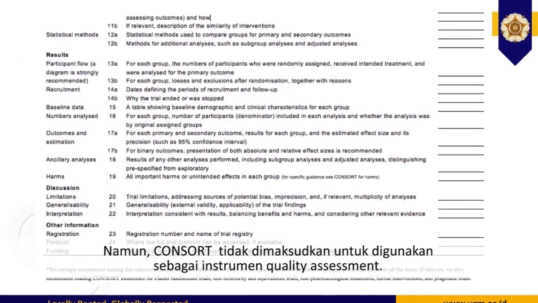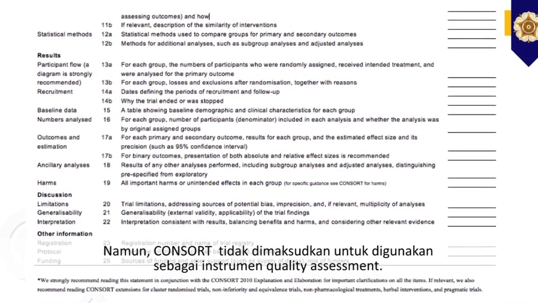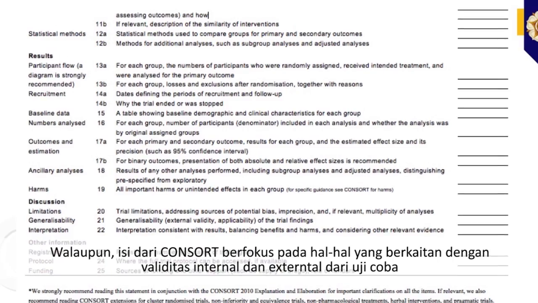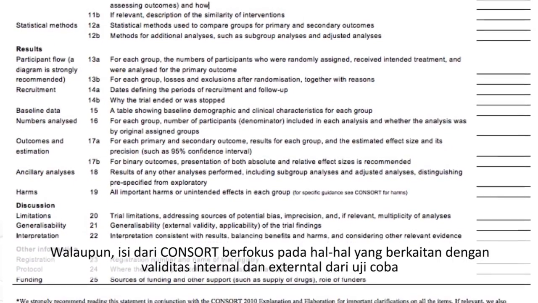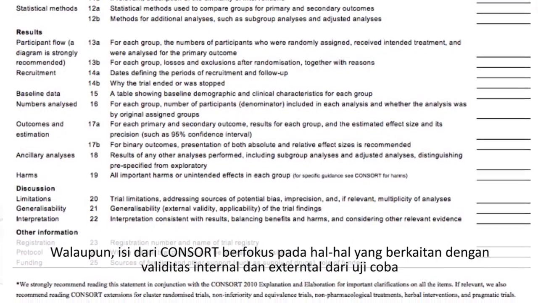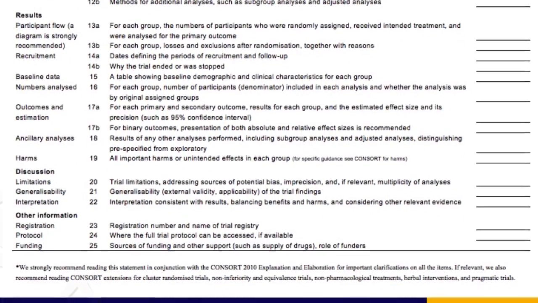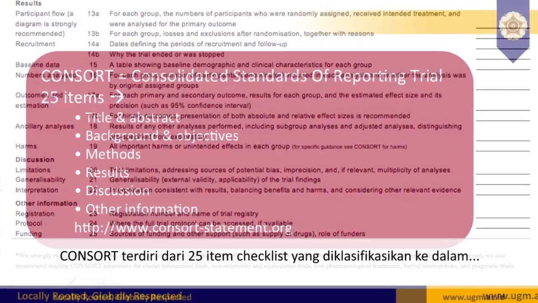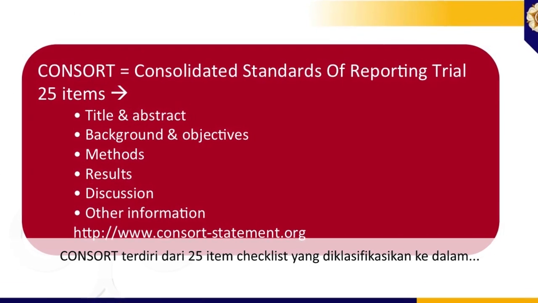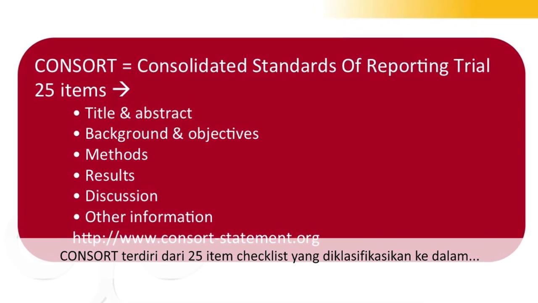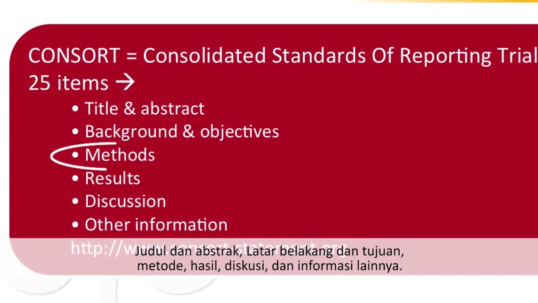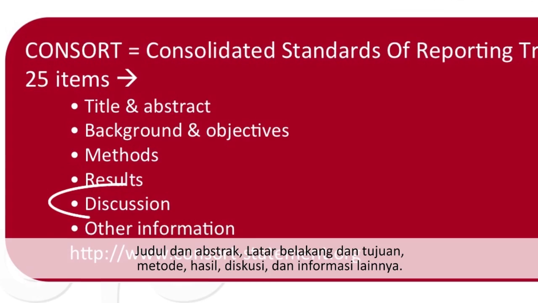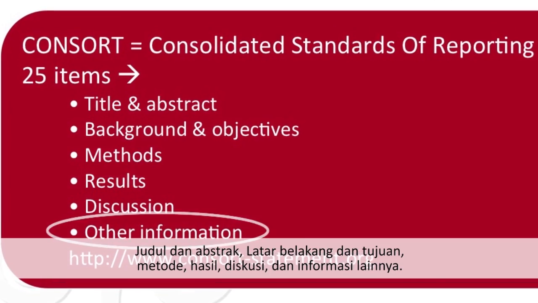However, Consort was not meant to be used as a quality assessment instrument. Rather, the content of Consort focuses on items related to the internal and external validity of trials. Consort consists of 25 checklist items classified into title and abstract, background and objectives, methods, results, discussion, and other information.